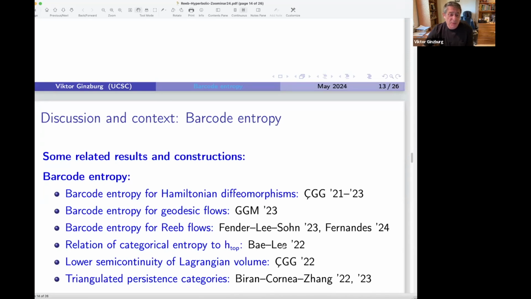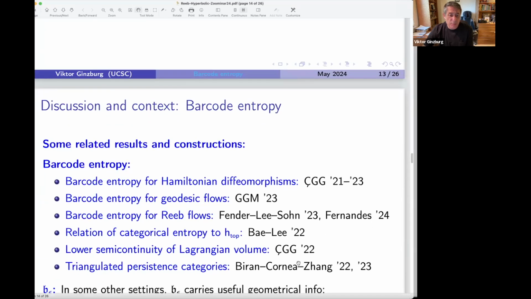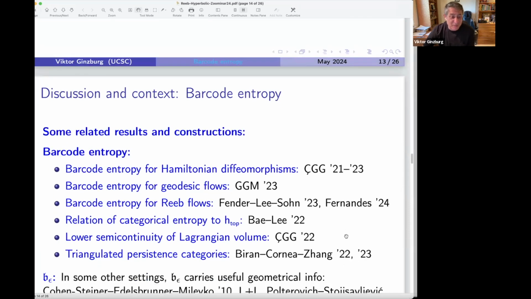Some of the proofs are closely related to the categorical entropy, and there are more recently established connections with triangulated persistence modules and so on.